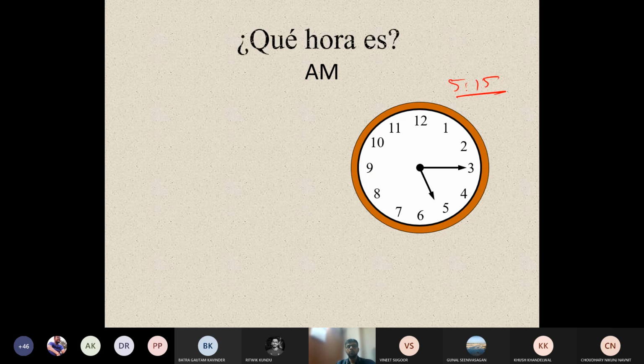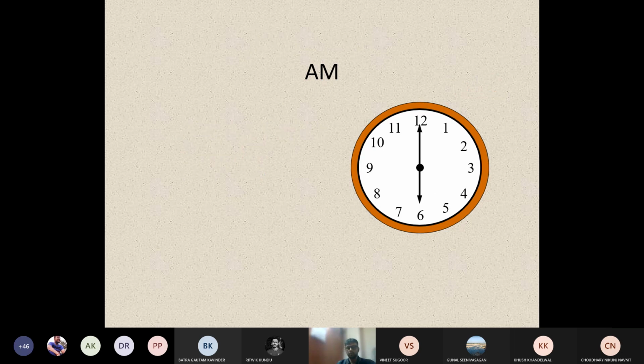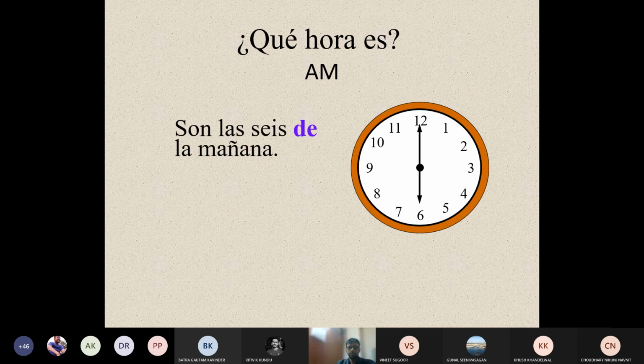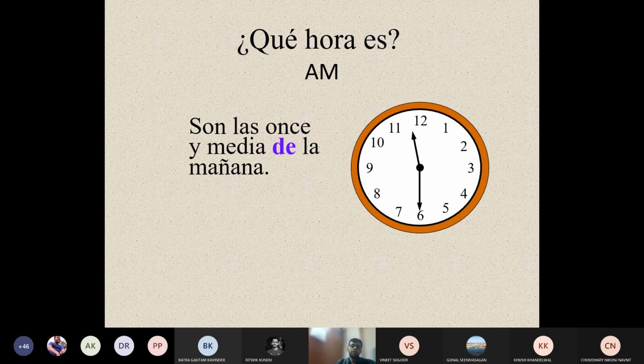For 5:15 you will use son las 5 y cuarto, and then for AM it will be de la mañana. This is how you have to use it. 6 AM, son las 6 de la mañana. 7:30 AM, son las 7:30 de la mañana. This is how we are using it.